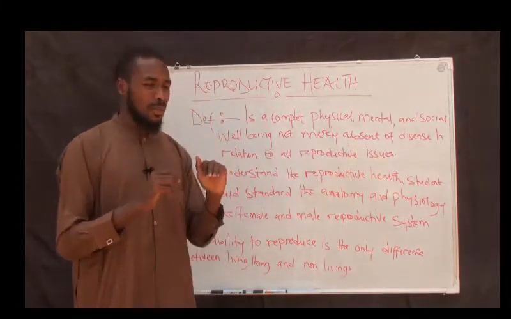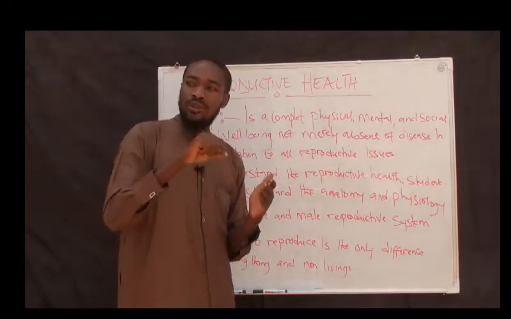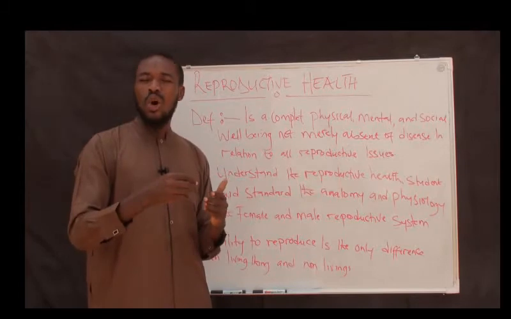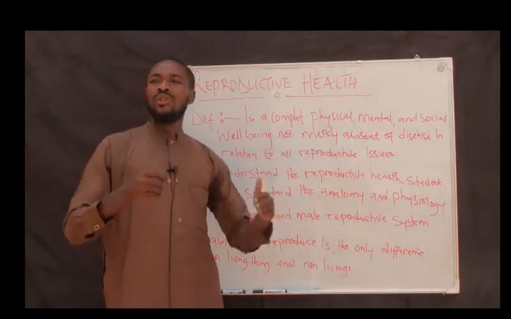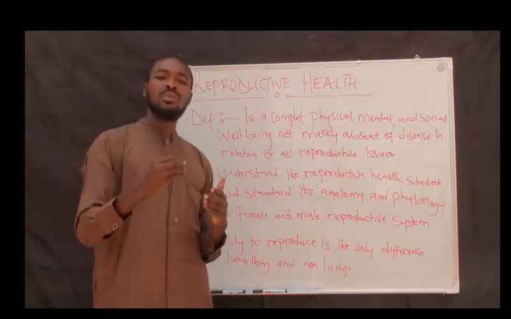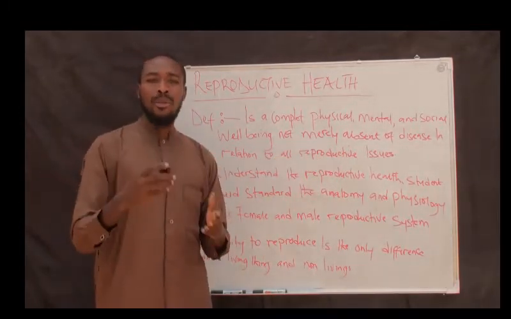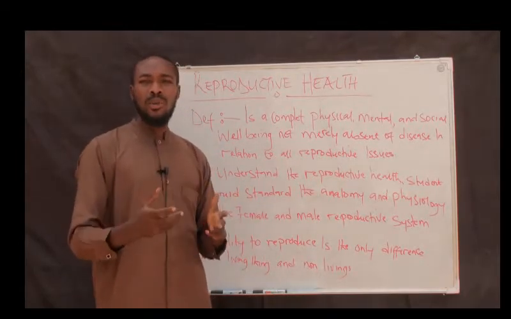On this topic, you will be able to know what pregnancy is, the types of pregnancy, and the process of pregnancy. You will know parturition, which means childbirth. You will know family planning, what family planning is, and the types of family planning.